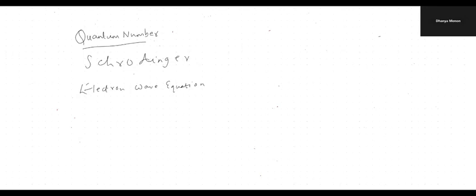This equation helps to determine the probability of locating an electron. So that means electron behaves as a wave, and the probability of finding an electron at a particular location can be found from this equation, which is called the electron wave equation or Schrödinger wave equation. This equation you don't have to study, okay?